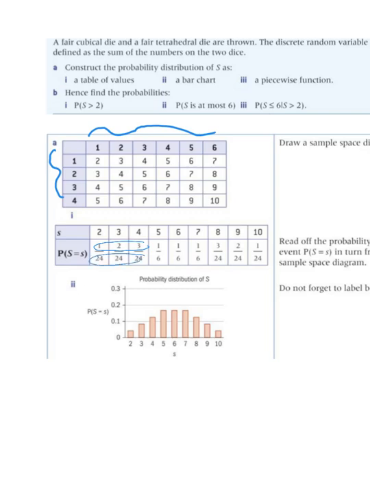For 5, 6, and 7, the numerator is all 1, and the denominator is all 6. And then lastly, for 8, 9, and 10, we've got the denominator being 24, but the numerator is decreasing: 3, 2, and 1. So let's make this piecewise function.